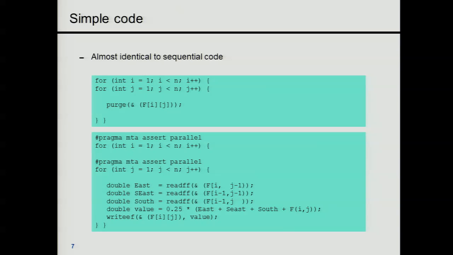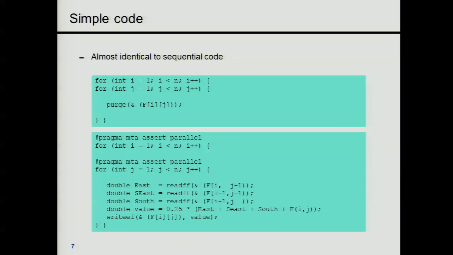So the first cell in the lower left-hand corner was neighbored only by the boundary cells, so these read operations will complete because those cells were never purged, and so those values will be there. Those values will be read. That cell will then compute its value, and it will write its value with a write empty full operation, filling its full and empty bit.